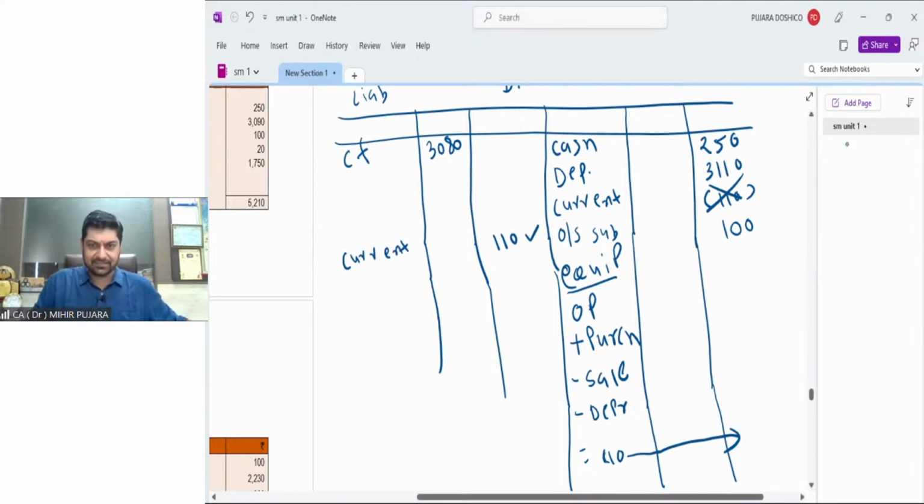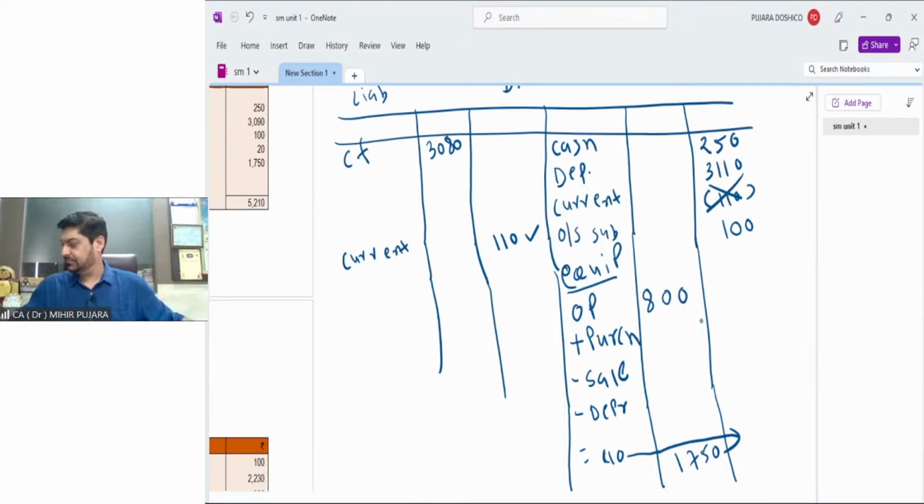Let's put it over here, guys, and understand how it goes. Now tell me how much purchase of equipment and how much sale of equipment.